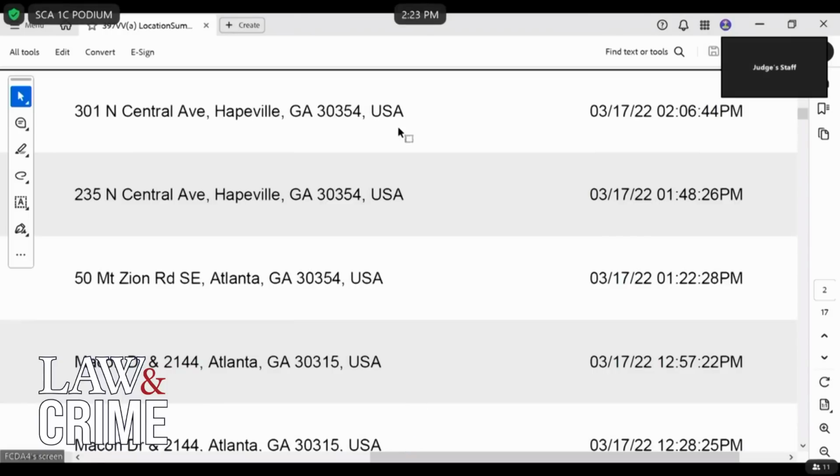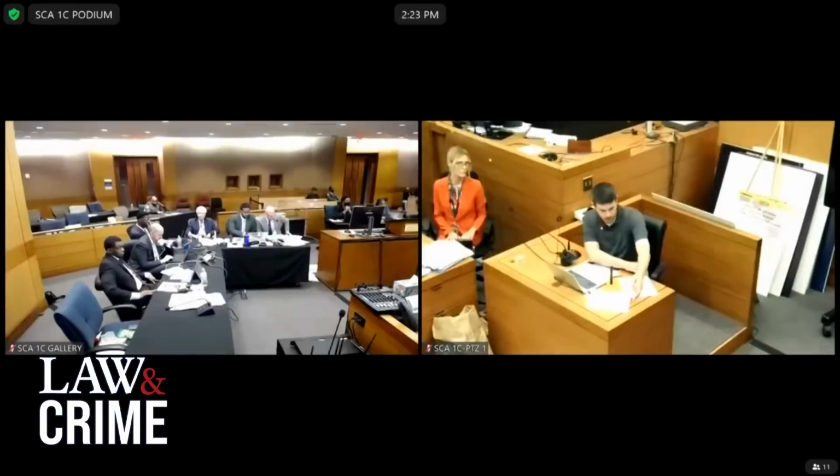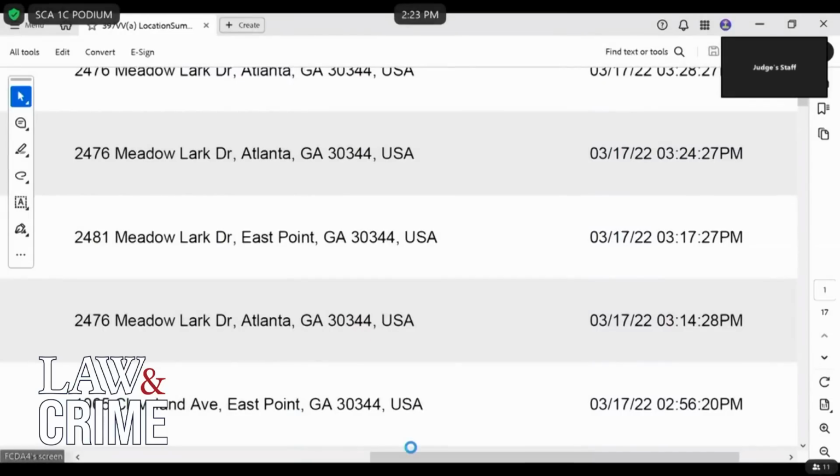Now, I want to fast forward to page 1 of this report at 2:56 p.m. on March 17th, 2022. What is the location at that time? At 2:56 p.m. on March 17th, it was 1065 Cleveland Ave in East Point. And was that also one of the locations that you looked at in preparation for your testimony? Yes, sir.